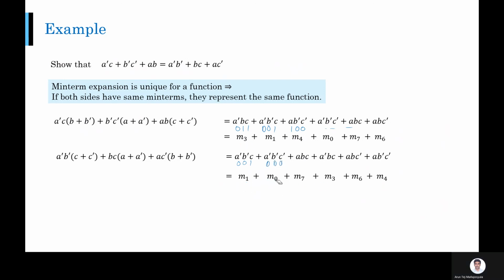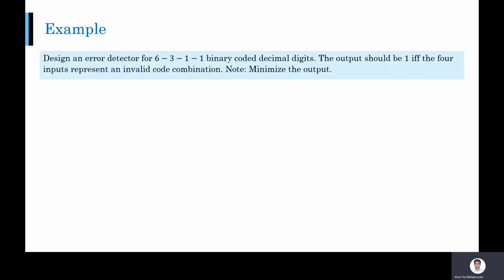So I can see that both of them are equal: M3, M1, M0, M4, M7, M6. So both sides are equal.